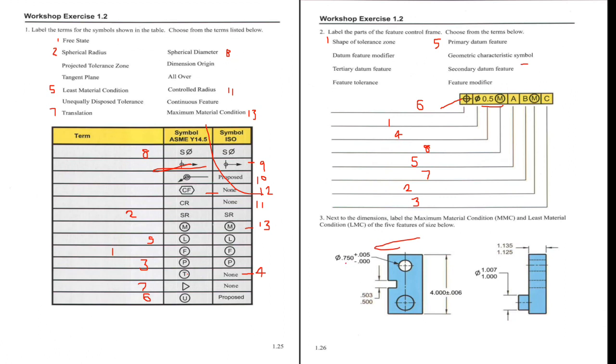So here the least material condition, LMC, would be 0.75, and the MMC, it's for a hole, and for a hole this 0.75 would be its maximum material condition, MMC, and LMC would be 0.755.